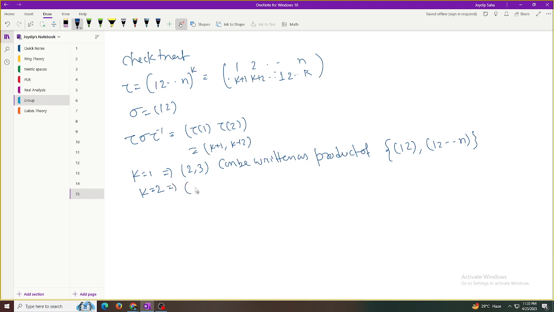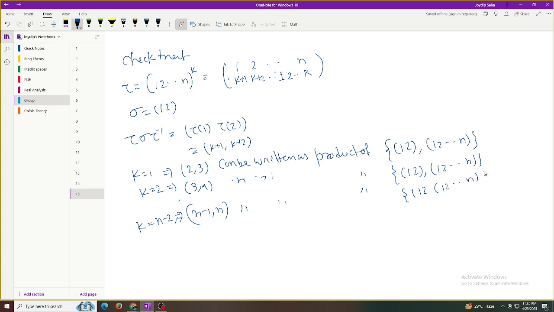Then what happened? (3 4) can be written as a product of this. So on, (n minus 1 n) can be written as a product of (1 2) and (1 to n), with k equal to, I think, n minus 2. Okay.